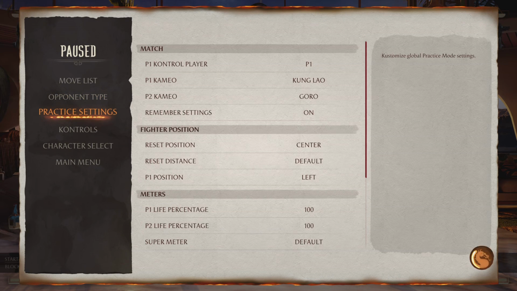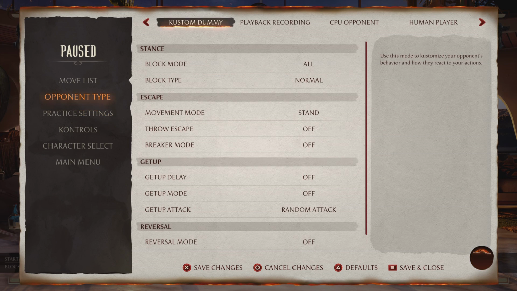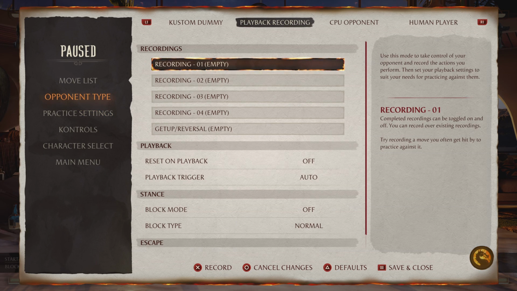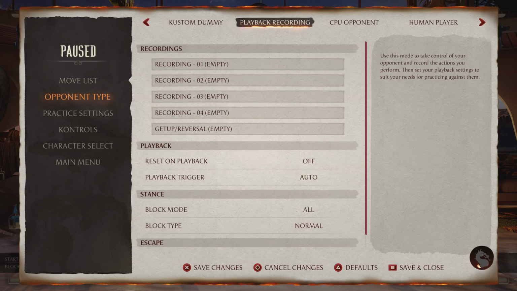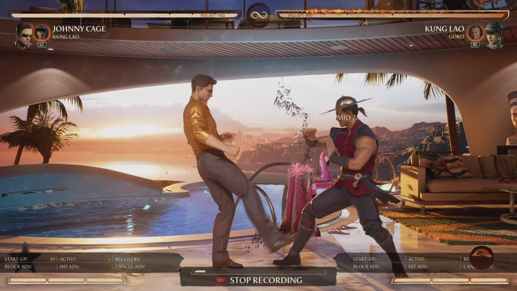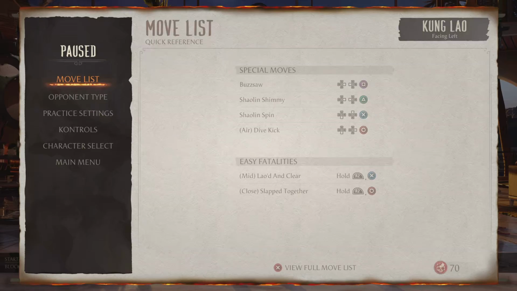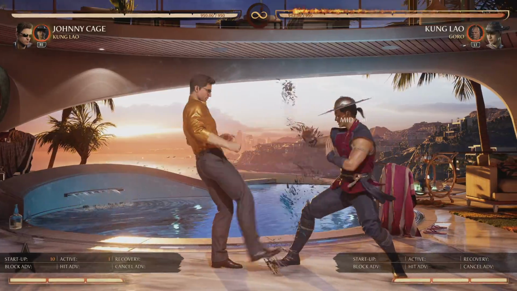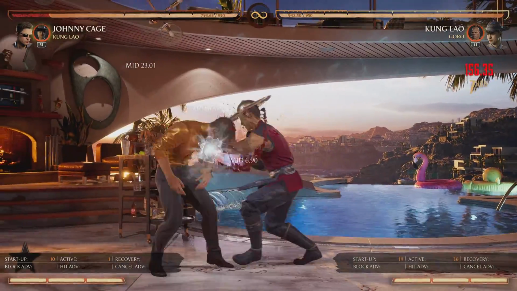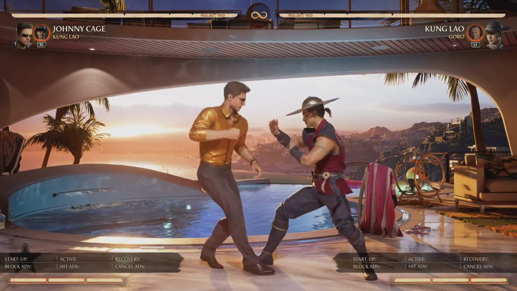So if I go back to this example and I pick Johnny Cage, and we're going to have the opponent block, and I walk up and I do a back 3. I can punish with anything as Kung Lao, and the Johnny Cage can't block.